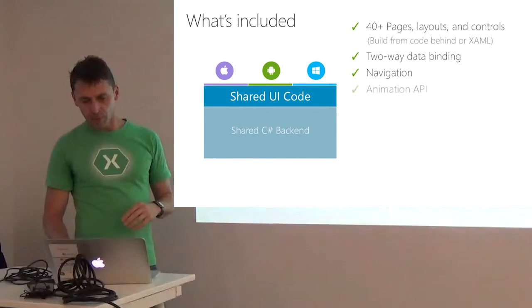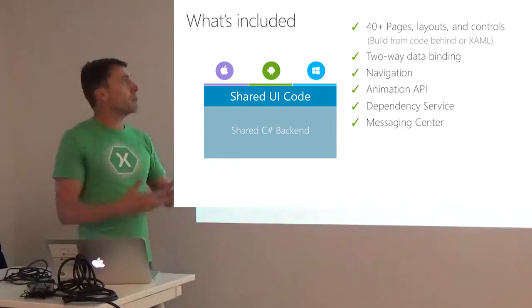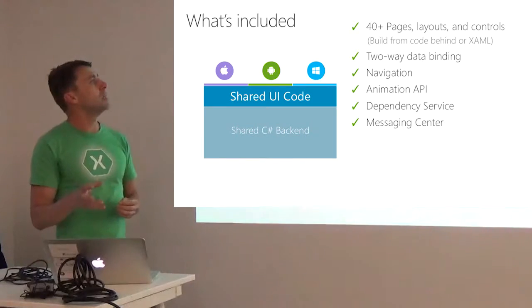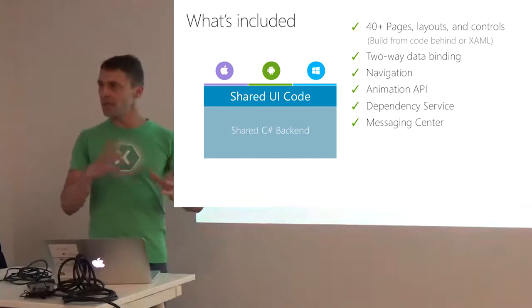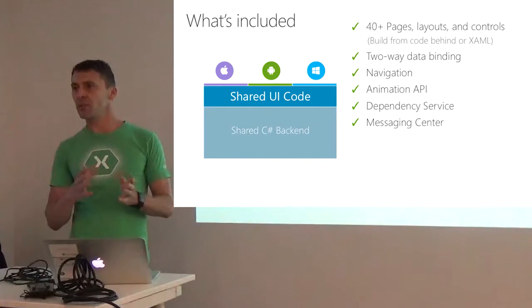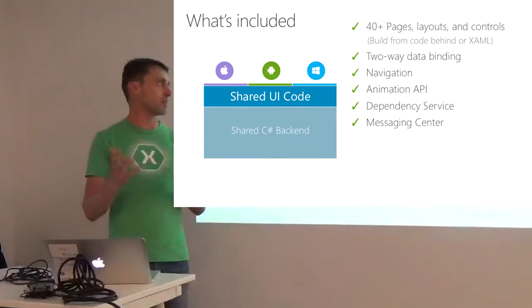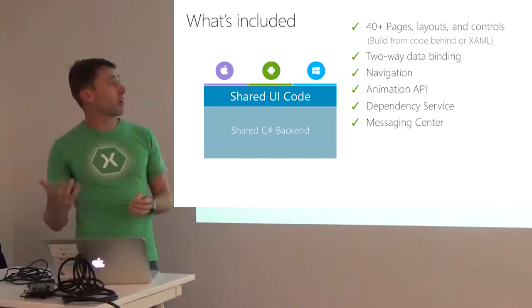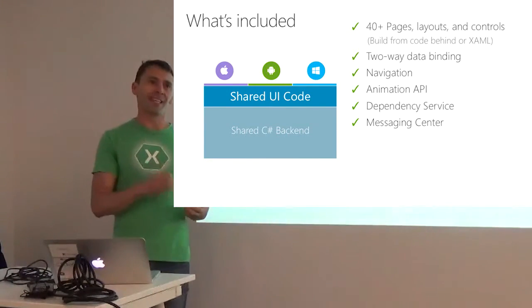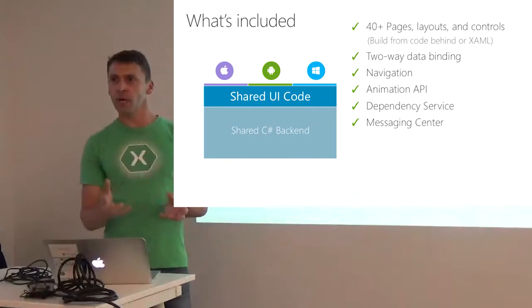So Xamarin.Forms always offered 40 pages and user interface controls, data binding, an automatic navigation system, so you can do push and pop navigation like hierarchy, you can do master detail, animation API, and the dependency service and messaging center to let you pull in native features in different ways.